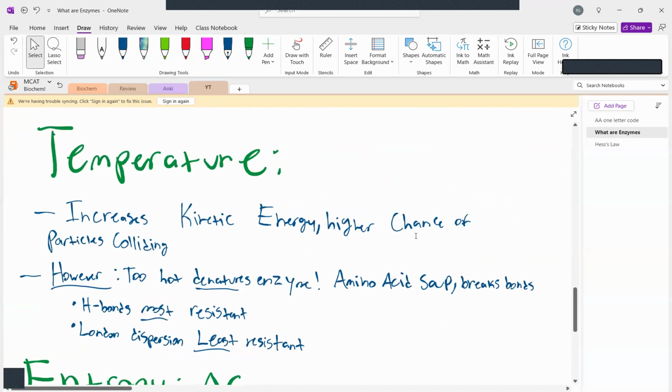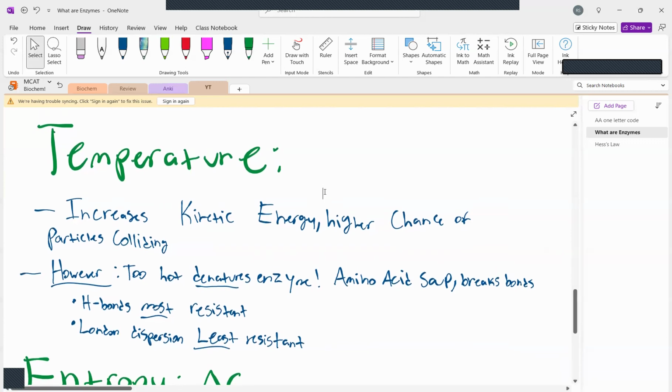Temperature. This is the T. If you increase the kinetic energy, you have a higher chance of your particles colliding, which makes sense for why you have the minus T delta S. It just gives a better chance overall of the reaction occurring, being more spontaneous, and lowers the activation energy.